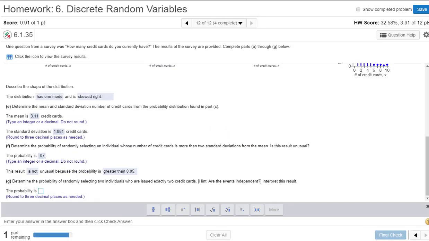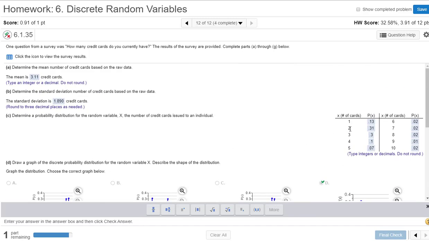Part G, determine the probability of randomly selecting 2 individuals who are issued exactly 2 credit cards. Hint, are the events independent? Interpret the results. So, a couple ways to do this. If we look over here, so exactly 2 cards, so 2 people. So the first one is, they're 31 out of 100, right?